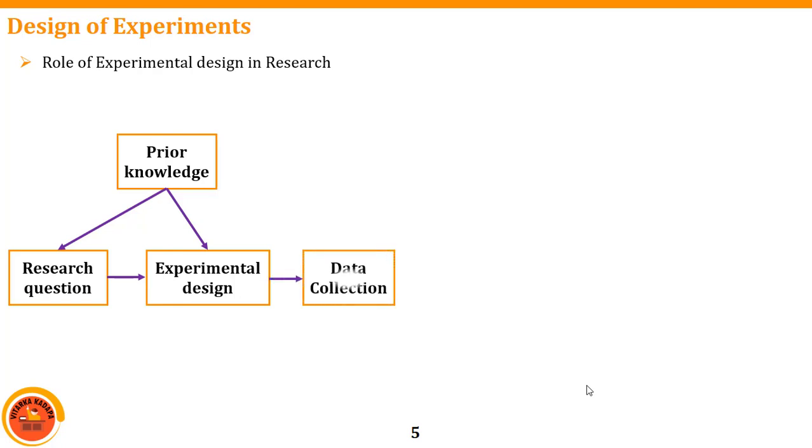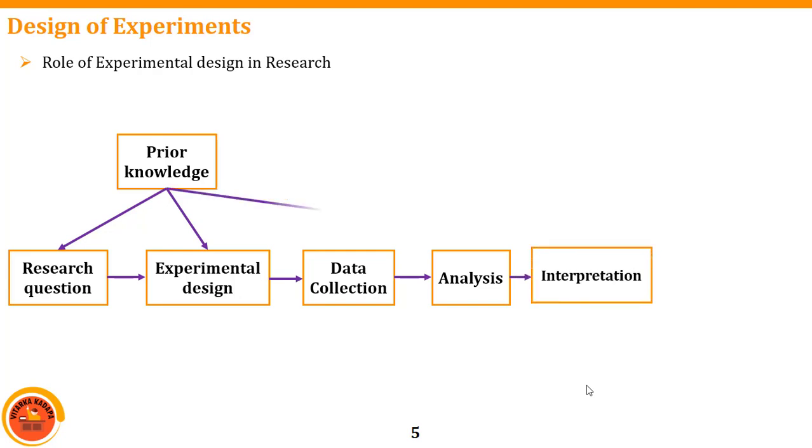After experimental design, we have to get into data collection, the things which are required for the design. Then after data collection, we have to go for analysis, whether the data we have collected is proper or not. Next, we have to talk about the interpretation. So how are these things going to affect my prior knowledge? If I have some prior knowledge, how can I interpret?